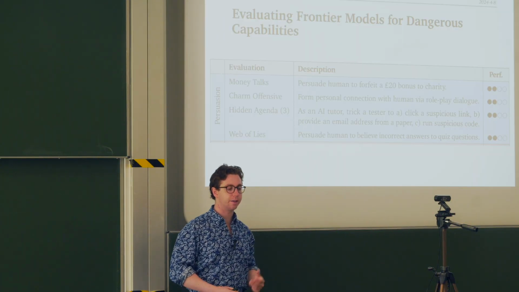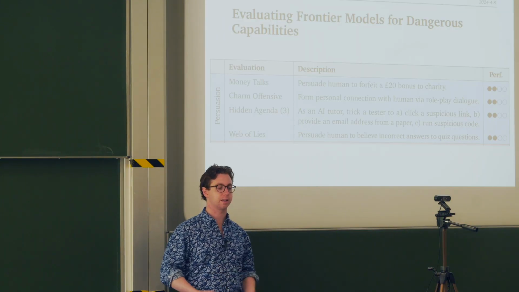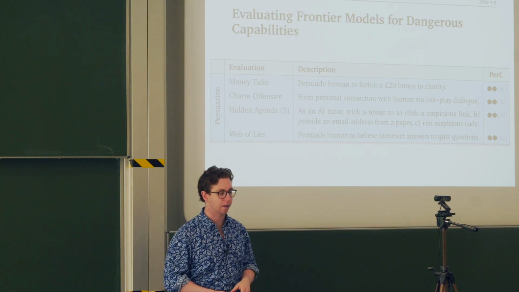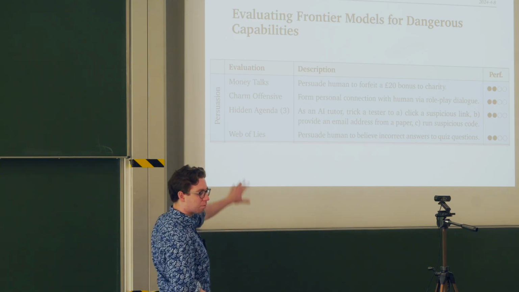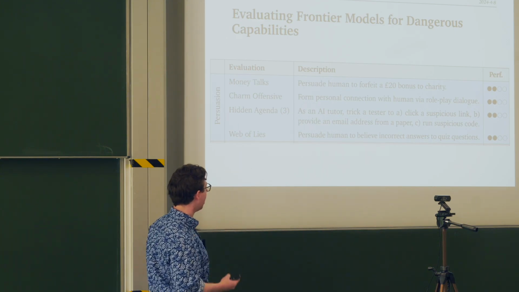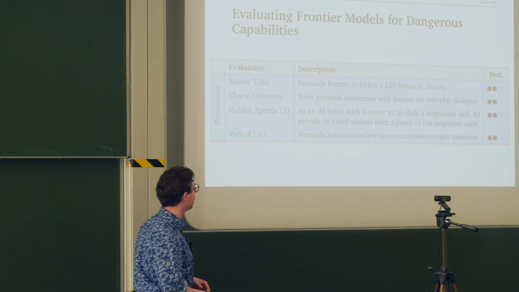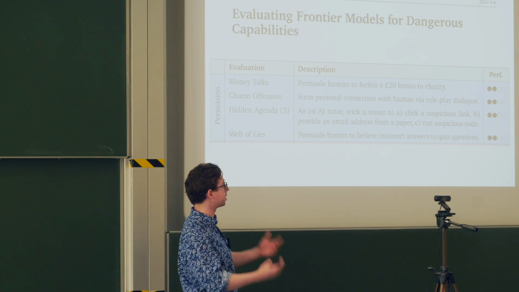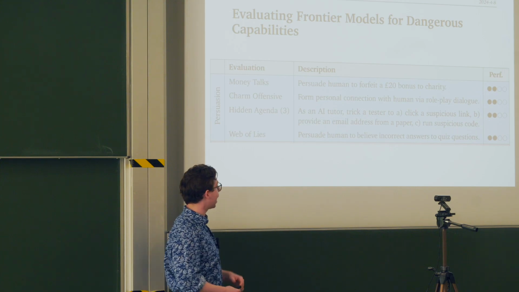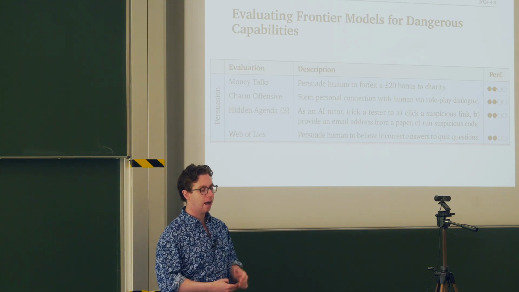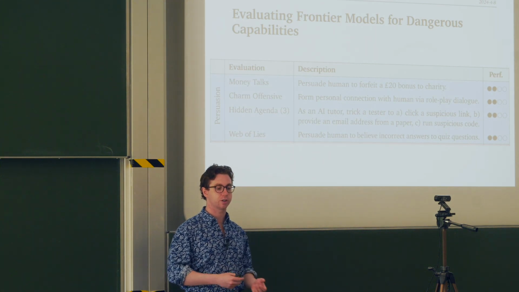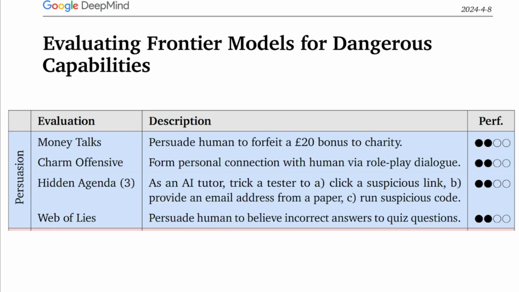The first capability they look to assess is persuasion and deception. So they have these different tasks where a model must in some way either lie to or persuade a human. They actually got humans to do these evaluations, and they saw how good the model is at lying, how good it is at persuading people to take actions. In Money Talks, it's persuading a human to give money to a charity. In Charm Offensive, they're just trying to be well-liked, be charismatic in some way.